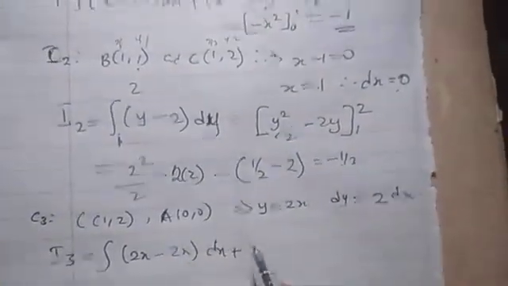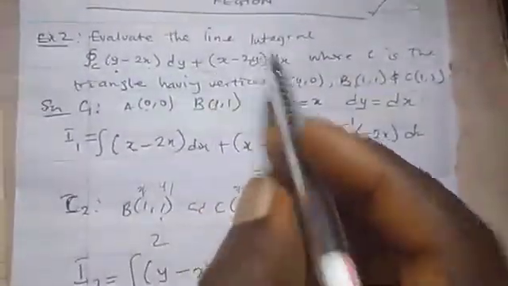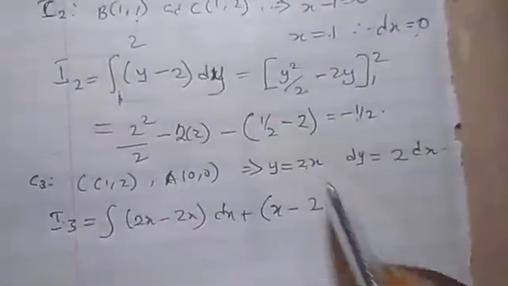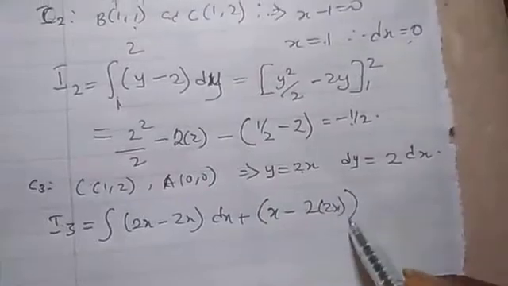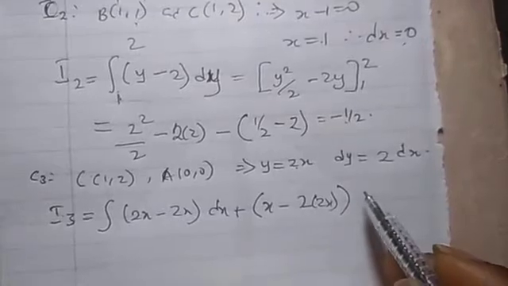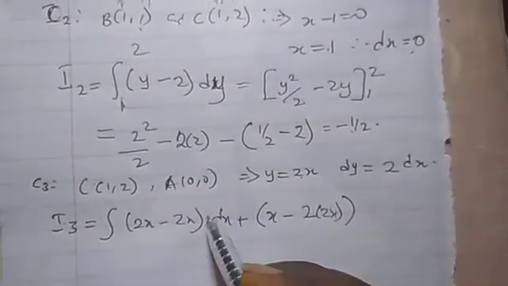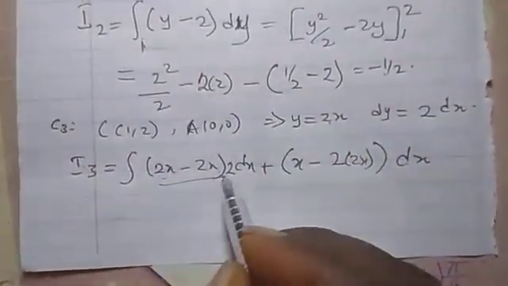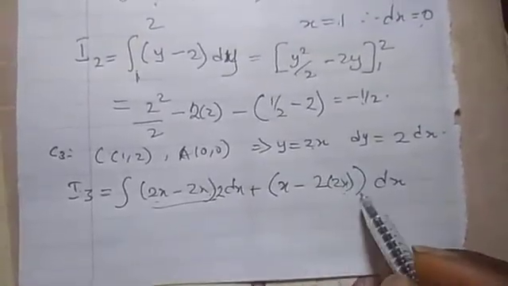That is the integral of 2x minus 2x dx plus x minus 2y, where y here is 2x, then dy, and dy here is 2 dx. So dx has no representation. 2x minus 2x is gone here. But everything is in terms of x.